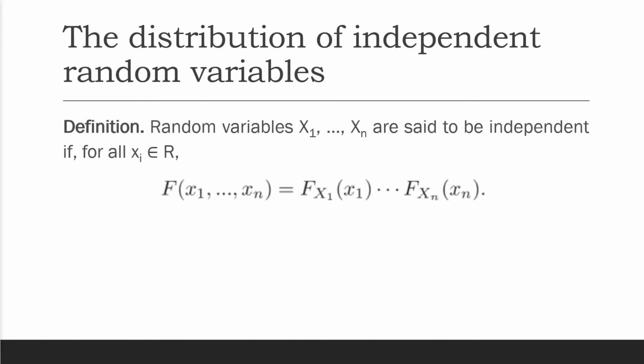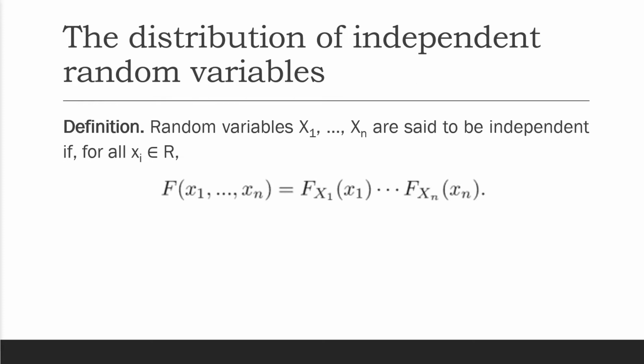The random variables x sub 1 up to x sub n are said to be independent if for all x sub i an element of R, f of x sub 1 up to x sub n is equal to f of x sub 1 in relation to x sub 1 times up to f of x sub n in relation to x sub n.